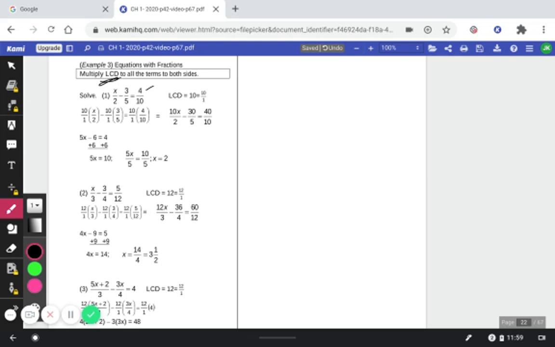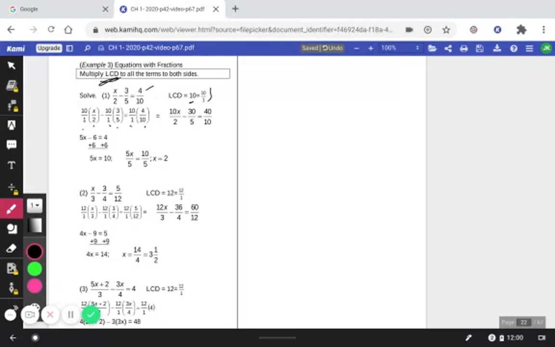So what do you do? You find the LCD of 2 and 5 and 10, which is 10, and you multiply this 10, or 10 over 1 because they are all fractions, to every single term. So 10 over 1 times x over 2 minus 10 over 1 times 3 over 5 equals 10 over 1 times 4 over 10.